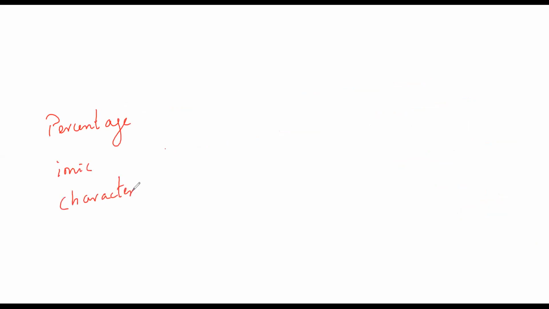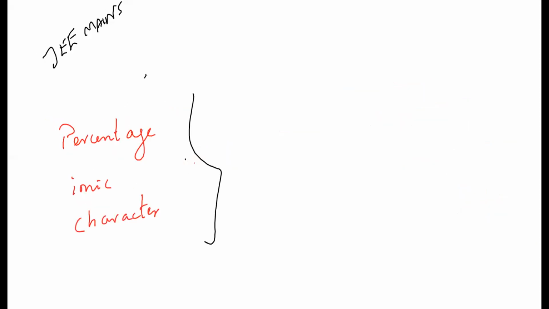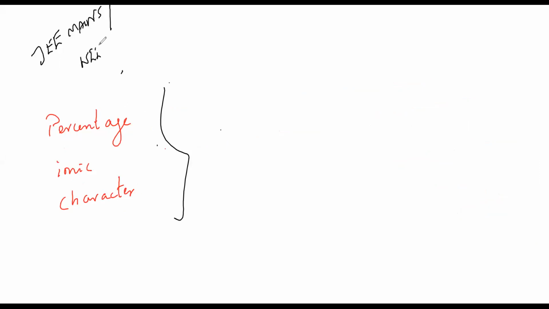So this is strictly for JEE Mains or NEET. This is not for the board exam. JEE means CET or whatever it is, any entrance examination. This is not for the board exam.